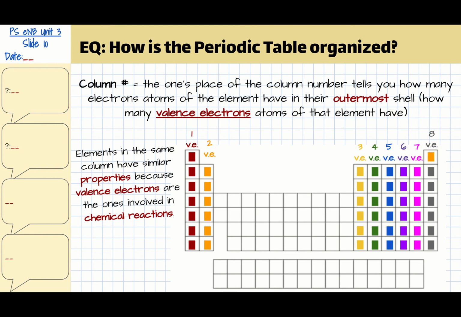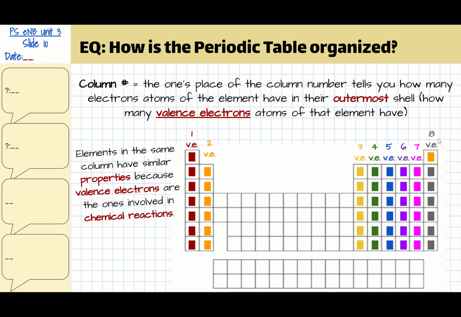Elements in the same column have similar properties because valence electrons are the ones involved in chemical reactions. So if you look at column 17 here, the halogens, those are going to be very reactive because they really want one more. We haven't gone into this yet, but having 8 valence electrons is like the ultimate goal of an atom.